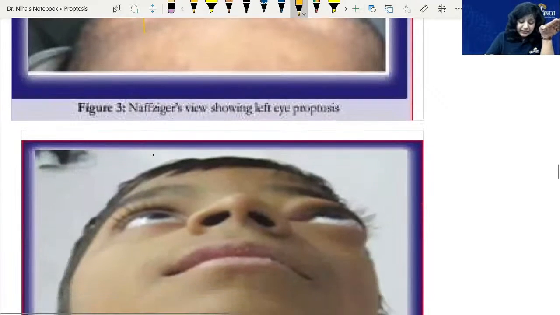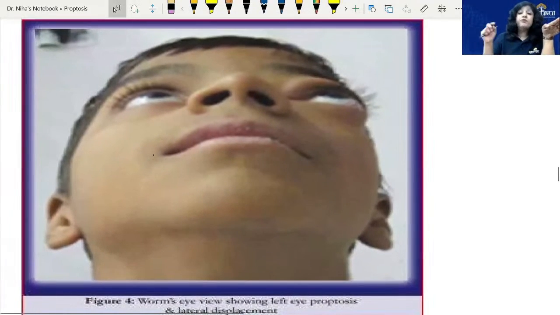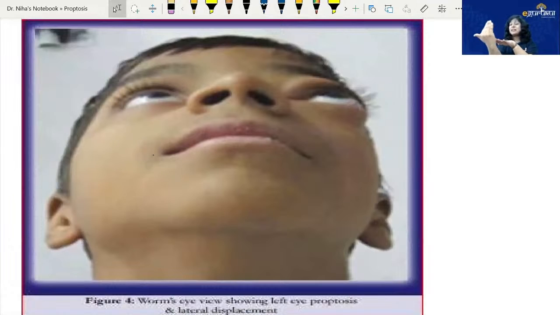But the other way is that you are standing at the foot end. This is your worm's view. When I'm standing at the foot end of the patient and I see that one of the eyes is more towards me than the other, then again I'm going to find that this is proptosis. So it is a very quick, very easy, convenient method, standing just at the bedside of the patient.